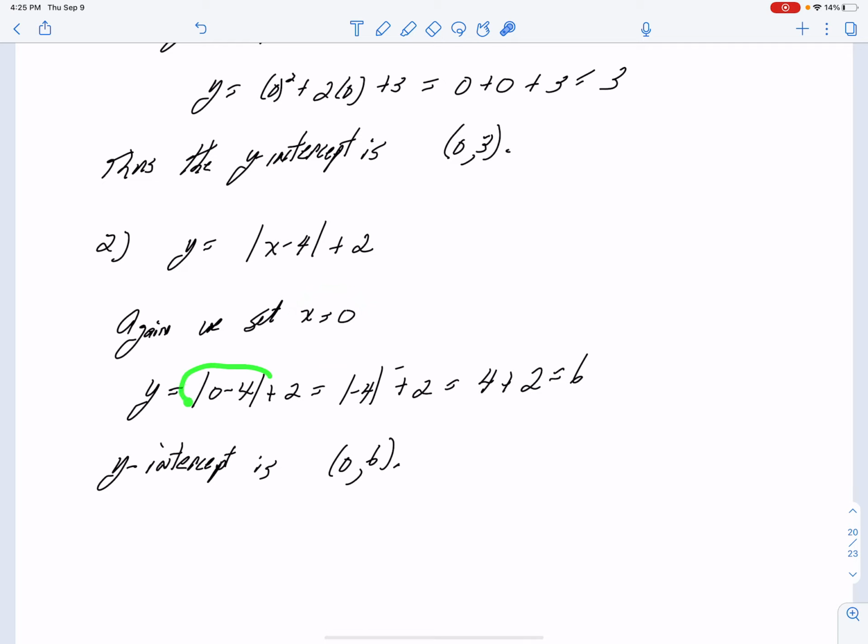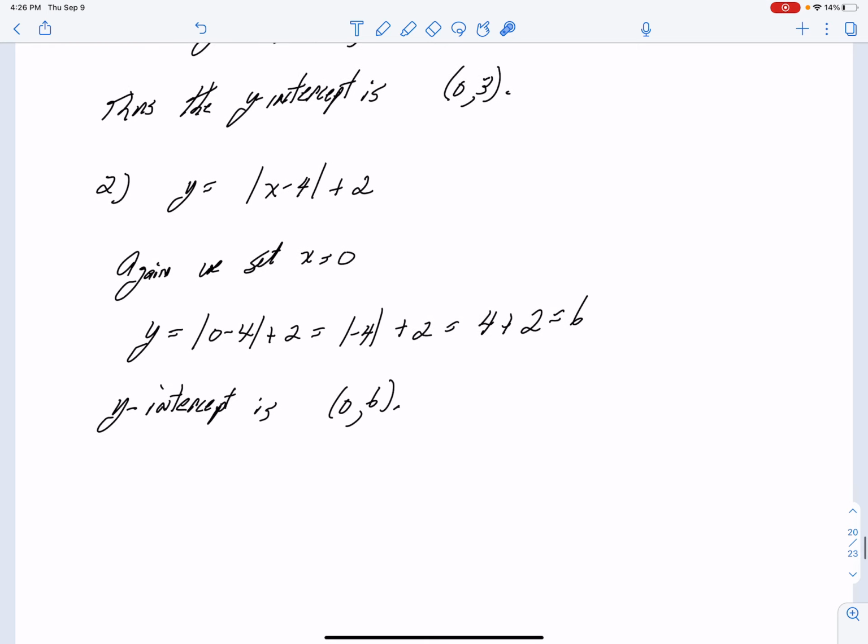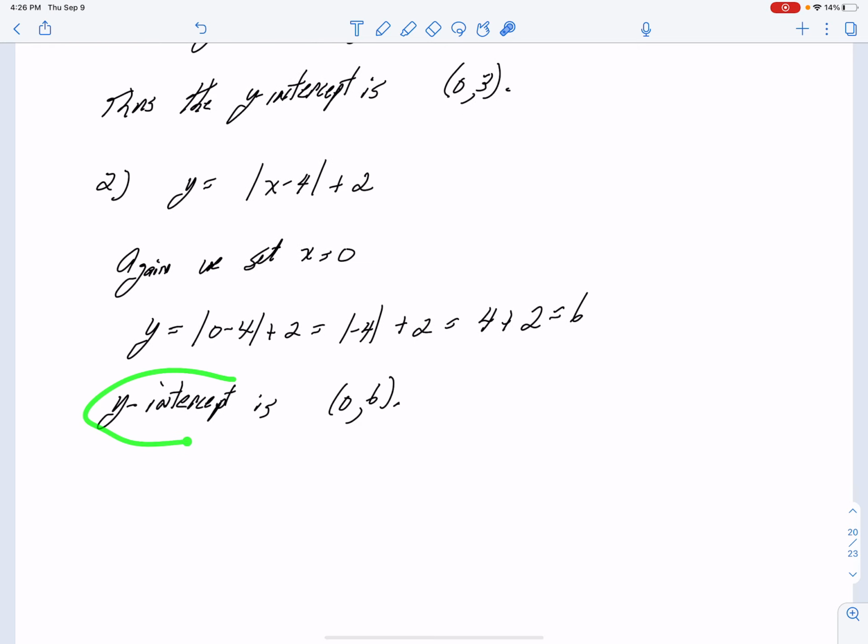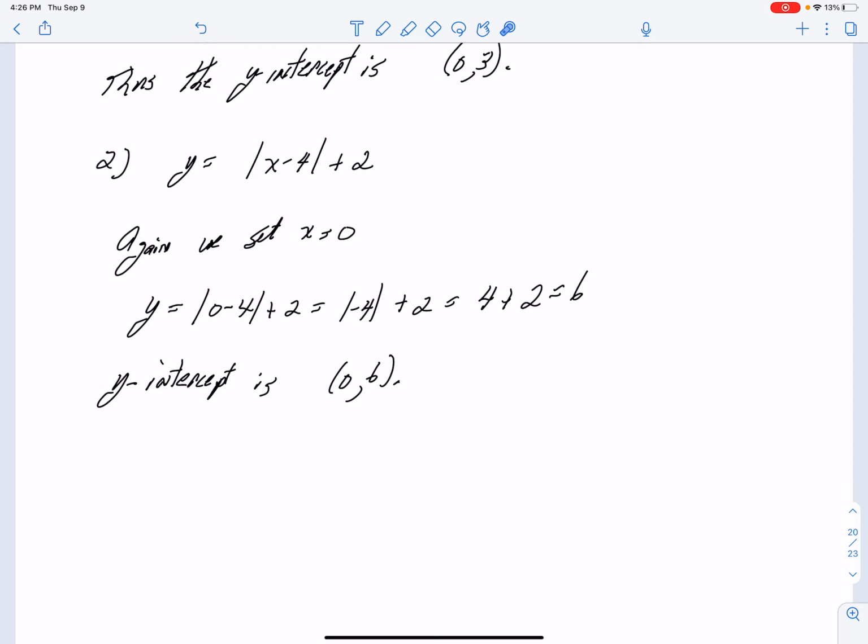We get the absolute value of 0 minus 4, add 2, which is the absolute value of minus 4, add 2, or 4 add 2, or 6. Therefore, the y-intercept of this equation is (0, 6). So how do you find the y-intercept? You set x equals 0 and solve for y.